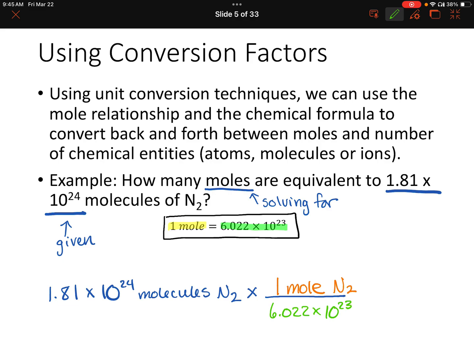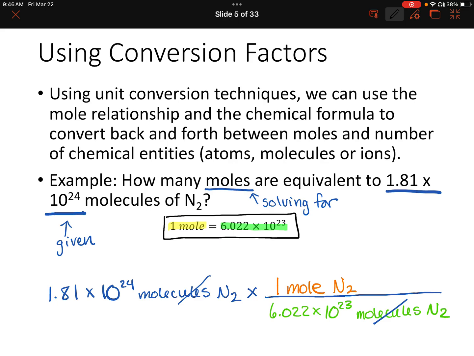We can use any unit we want after Avogadro's number, and in this case, it will be molecules of N2. Let me extend my line here for my conversion factor. We're running out of room. Let's make sure our units cancel appropriately. Molecules of N2 will cancel and we'll be left with moles of N2. Perfect.